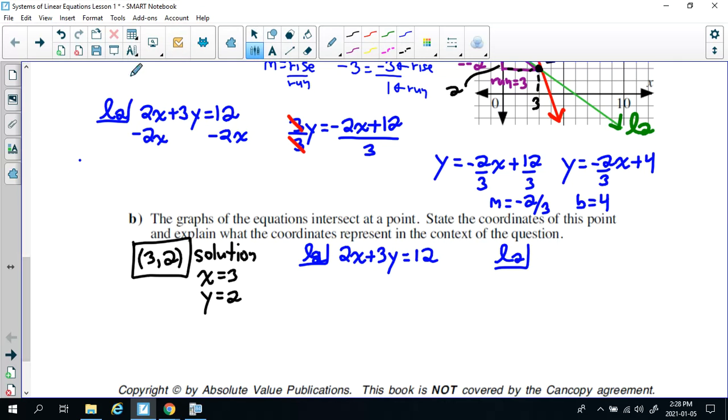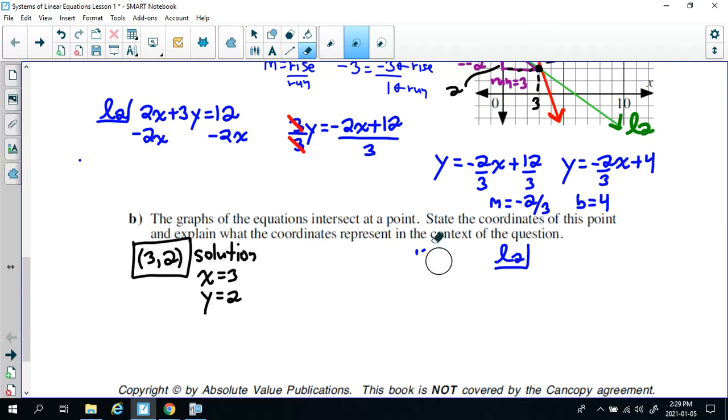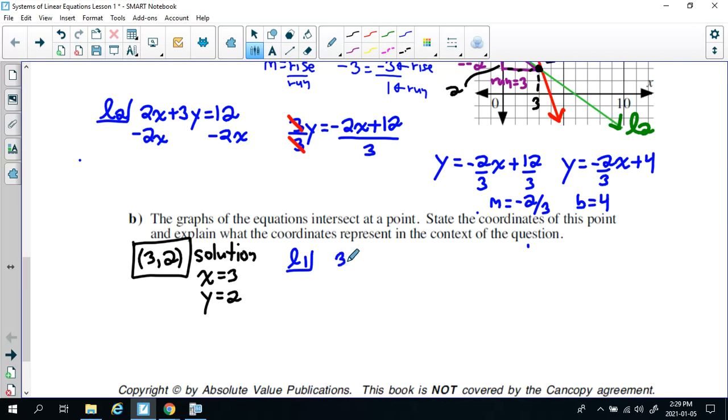Let's just erase that, so that I'm not getting confused here. Let's make it the correct lines. Okay, line 1 is 3x plus y equals 11. Line 2 has the equation 2x plus 3y is equal to 12.